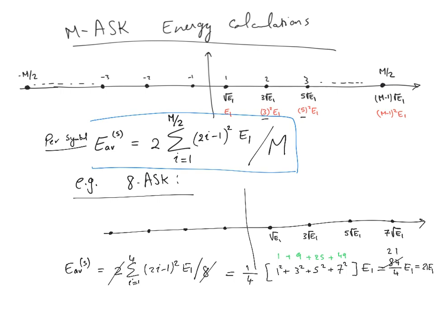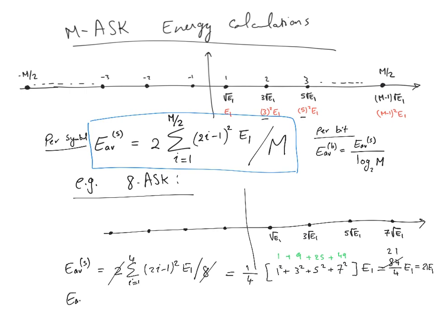If I want to do per bit, the E average per bit is equal to E average per symbol divided by the number of bits per symbol, which is basically log to the base 2 of M. That's the number of bits per symbol for any M-ary modulation scheme as we studied before.